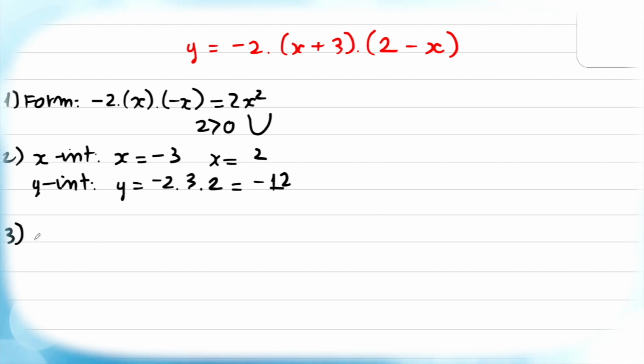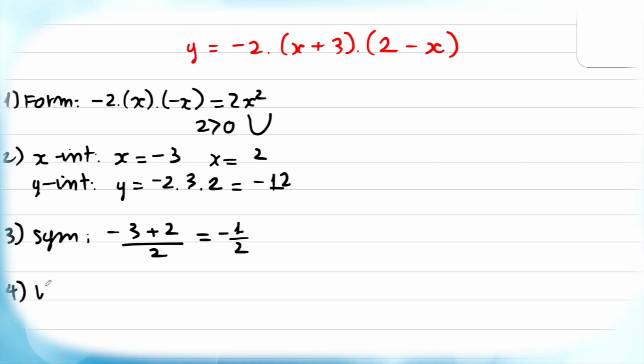And about 3, the symmetrical line will be the midpoint between the two x-intercepts. Divide by 2, you got minus 1 over 2. And about 4, I need to figure out the vertex. Substitute minus 1 over 2 into the function y here.